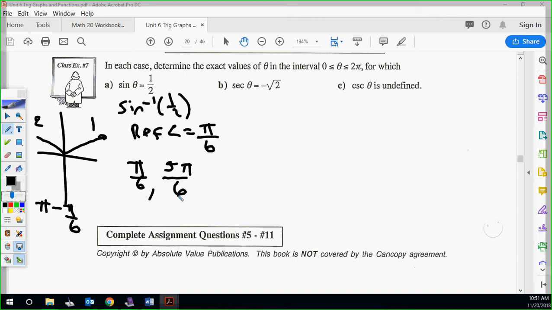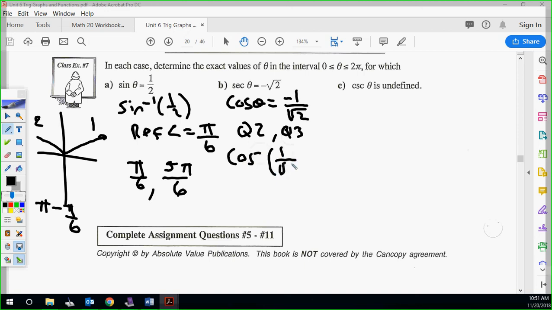All right, secant theta of negative root 2. So secant, that means we really want cosine of negative 1 over root 2. We flip it. Then what quadrants are we in? Negative cosine is quadrant 2 and quadrant 3. Now we're going to go cos inverse.